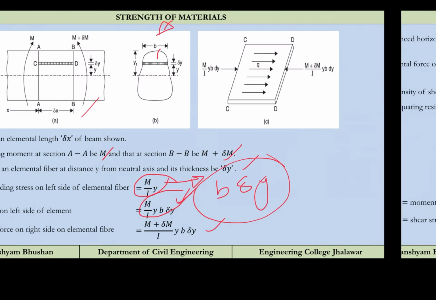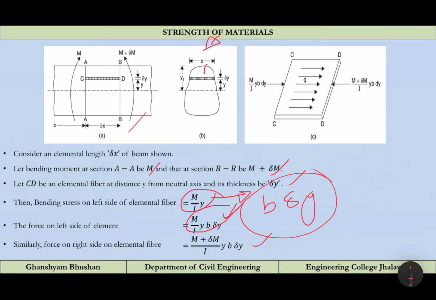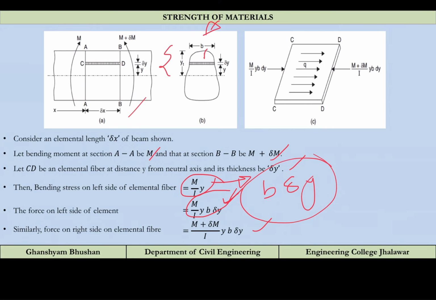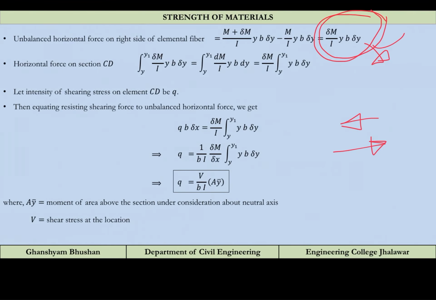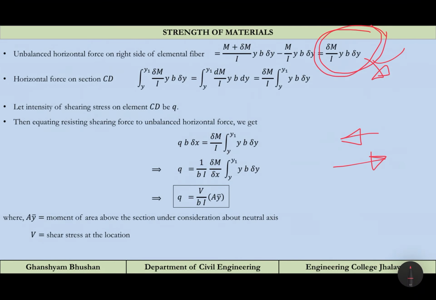Now you can see up to this distance, what is the distance? y to yt. So we are going to calculate the force here. From y till yt will be the limits of del y, yt or y1, whatever we are going to say.